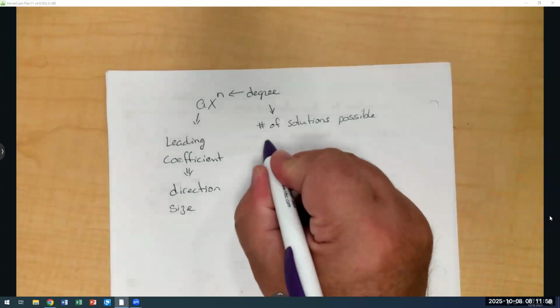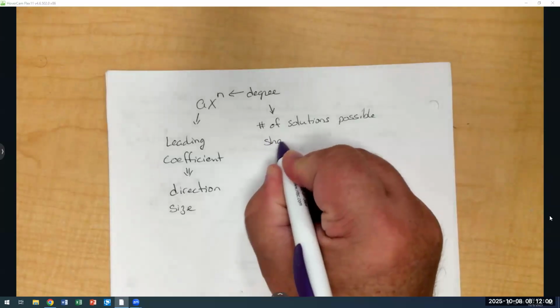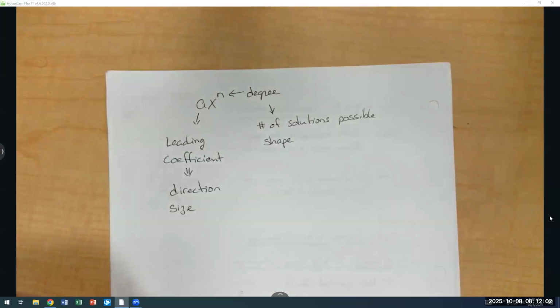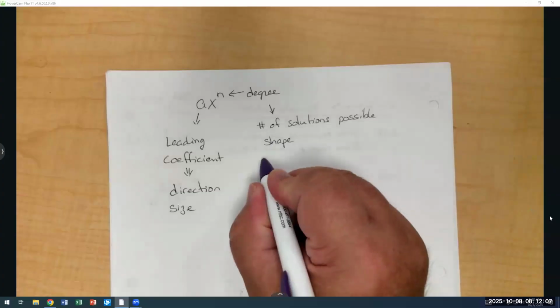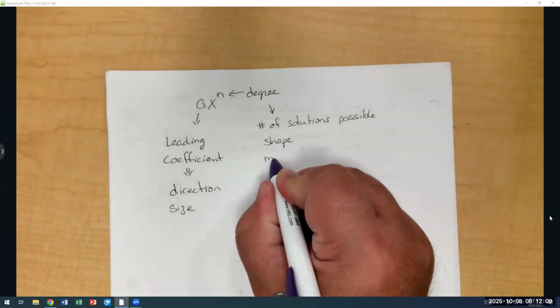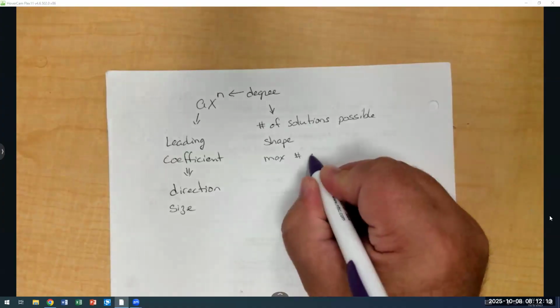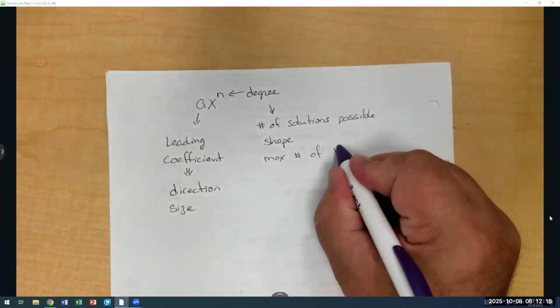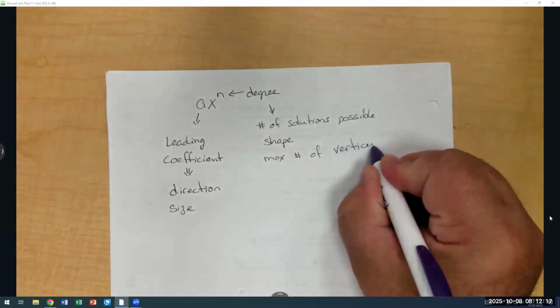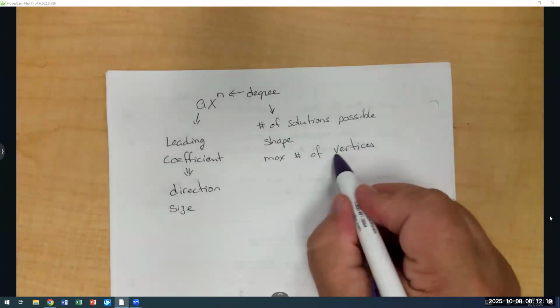It tells us the shape of the graph. It tells us the maximum number of vertices. What's a vertex?